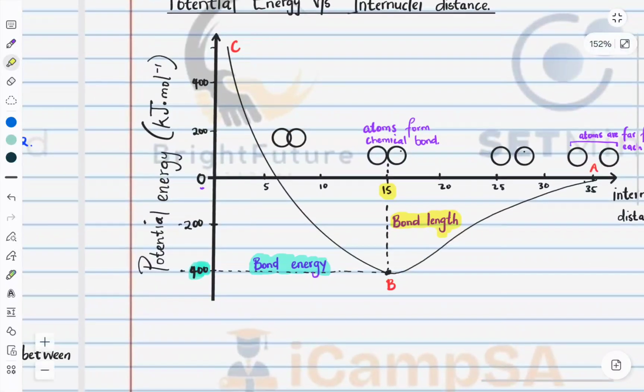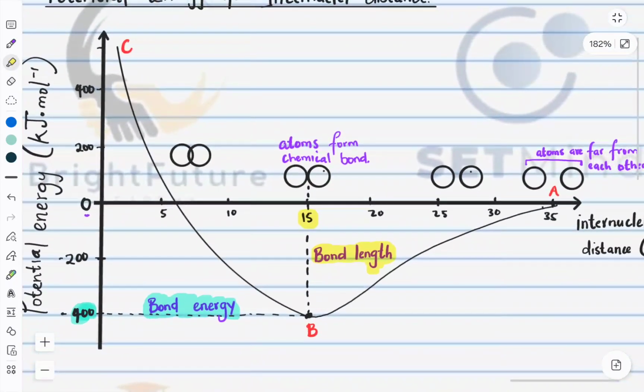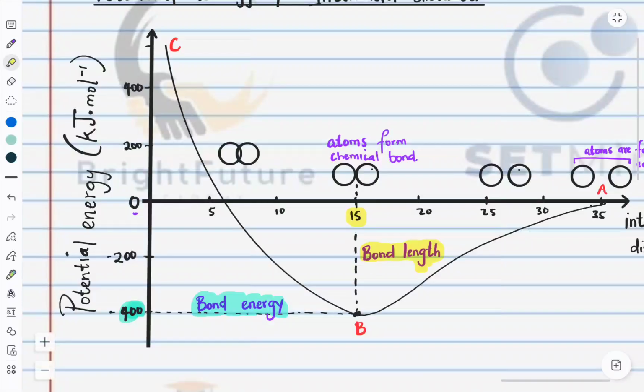Okay, then the other stuff is pretty much just you telling the story that, okay, between points A and B, attractive forces were dominating there. That's why these atoms were moving closer to one another, because they're being attracted to one another. Now from points B to C, we see the potential energy rising, which means these things are becoming a bit unstable. That's where repulsive forces are now dominating.